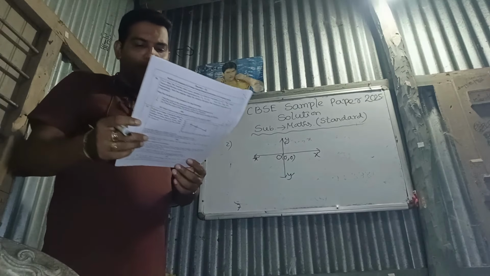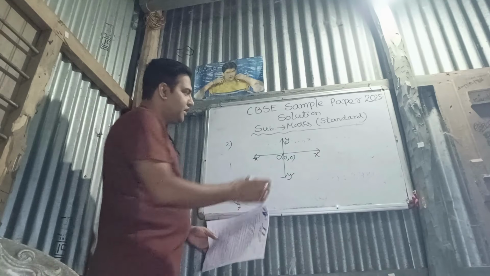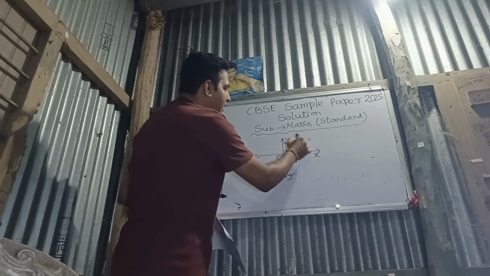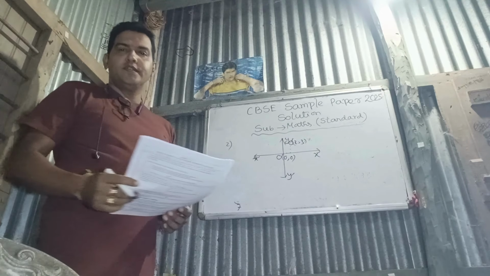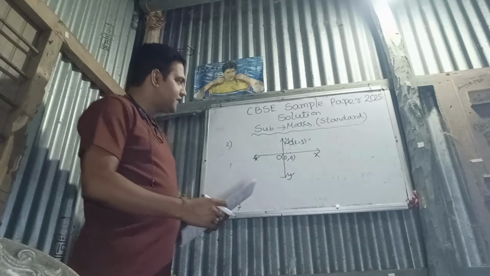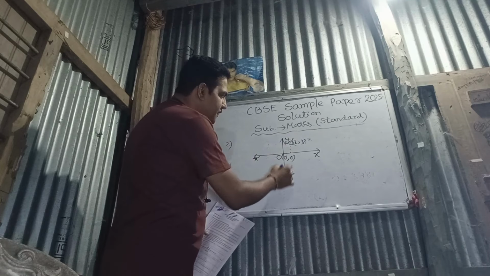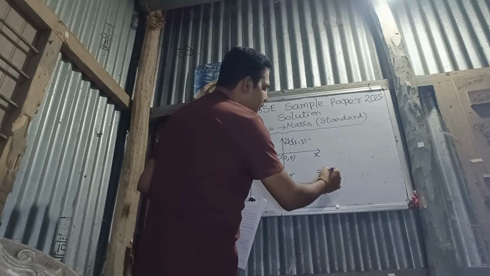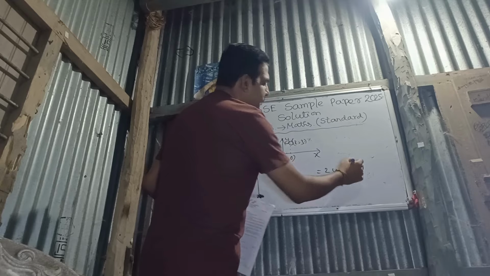So let us mark the point 2, 3. 1 2, 1 2 3. So that is 2, 3. So what is the distance of this point from the y-axis? Just count, this is y-axis. We have moved 2 steps right. So answer is equal to 2 units.